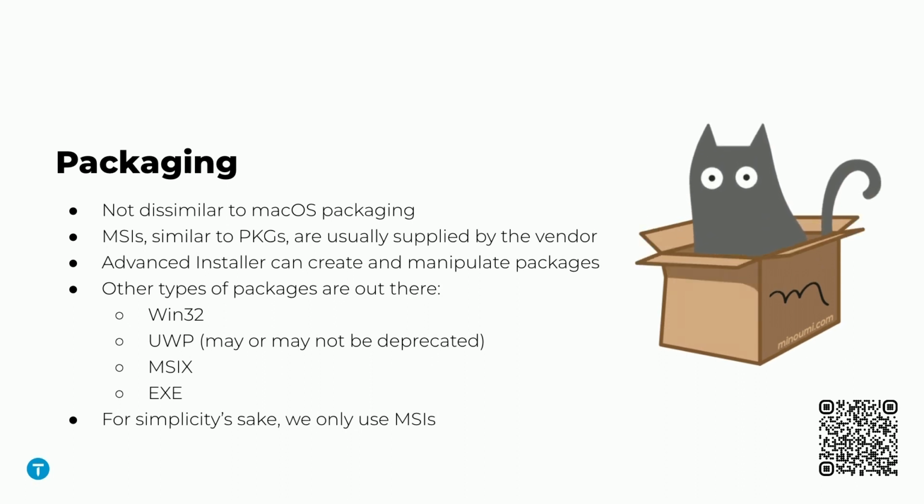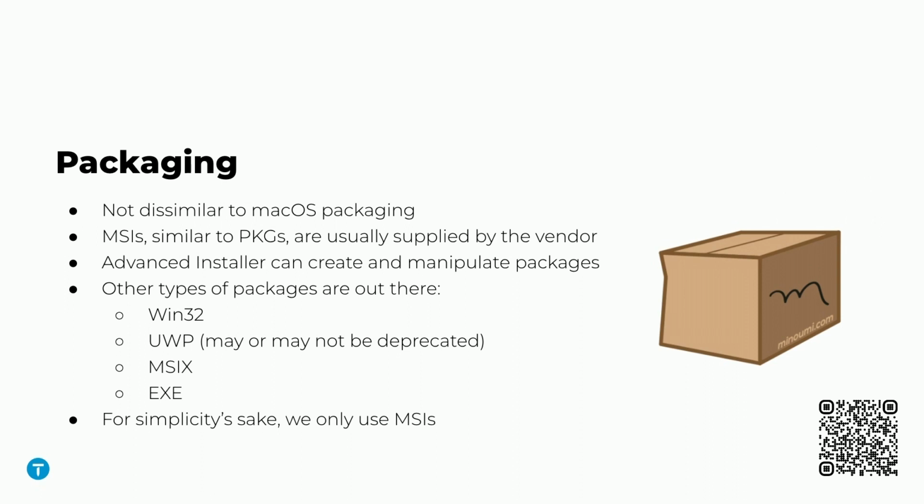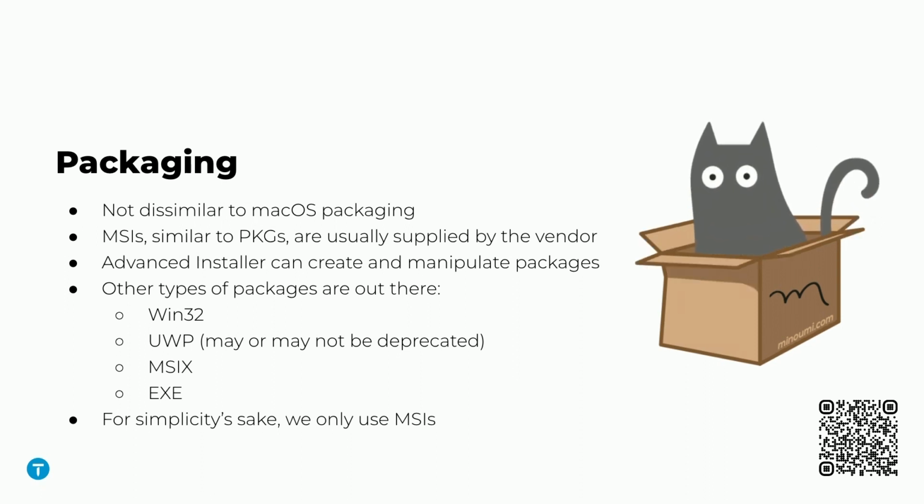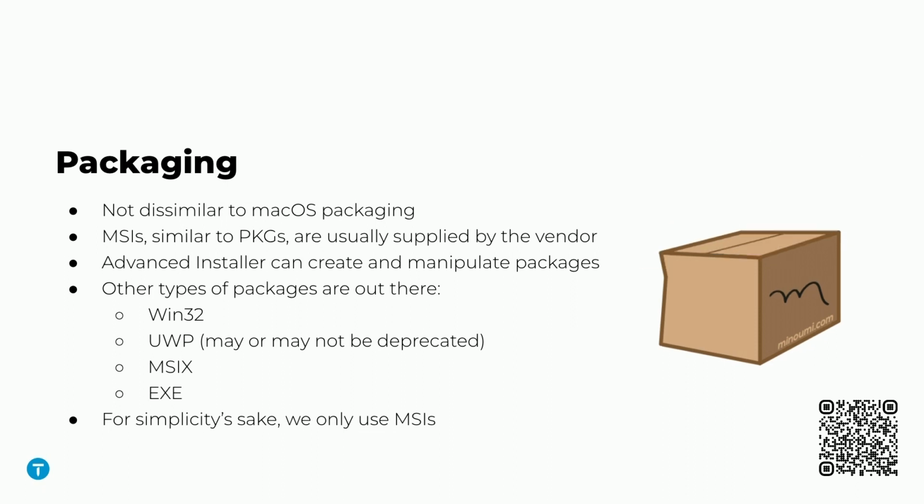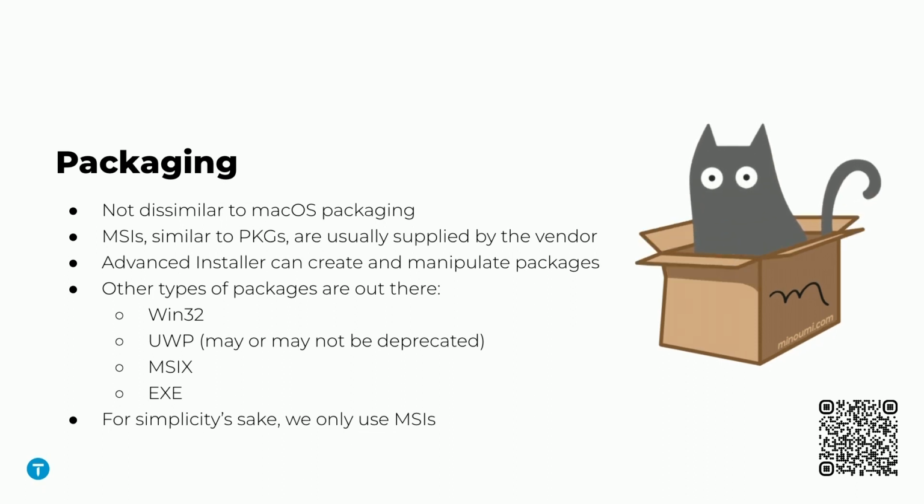UWP may or may not be deprecated depending on the year of the article that you're reading. And what UWP is, is a Windows Store app. And it's kind of similar to how we use Mac App Store apps. In theory, they're great. You add them, they stay updated. In practice, not so much.